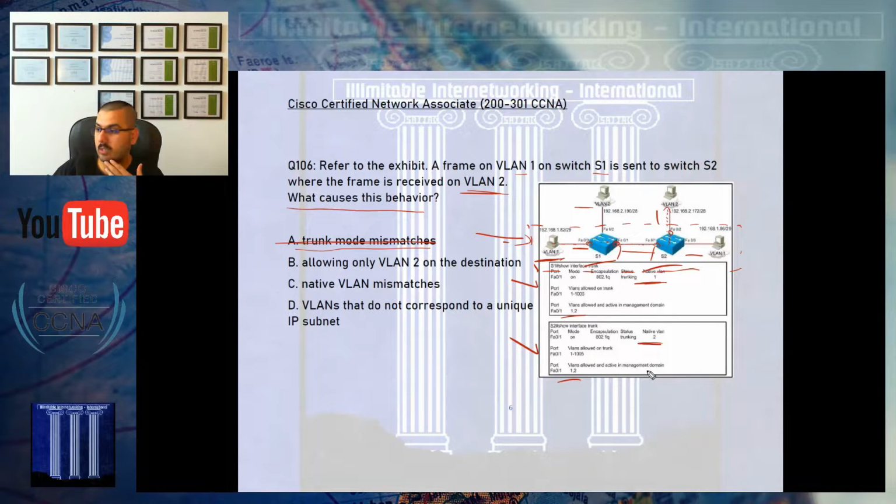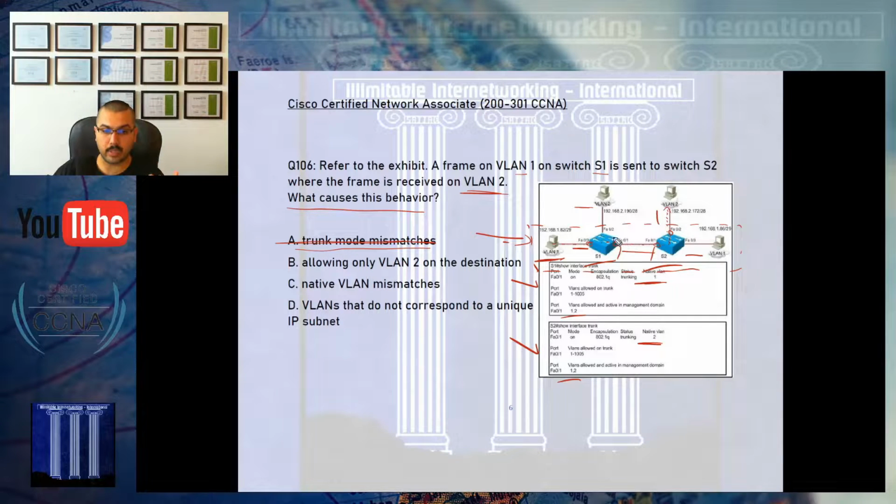But will that cause this problem? What the native VLAN does is cross a trunk interface untagged, so it does not have a tag for a VLAN ID in the frame body. Okay, switch 1 will receive a frame from this PC on VLAN 1, and since VLAN 1 is the native VLAN for switch 1, it will enter switch 1 and exit untagged.